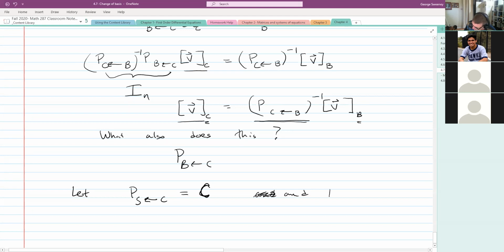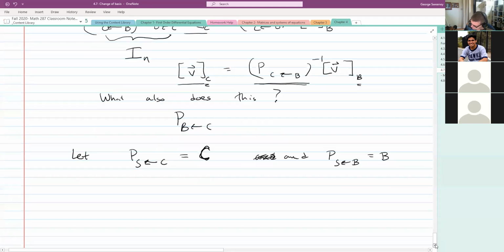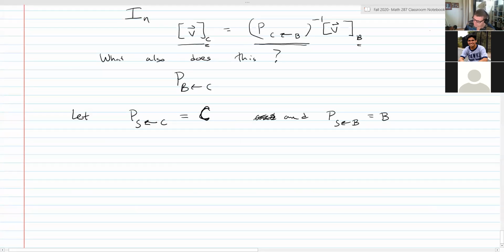We'll let P, B into S equal B. The reason I do this is because I don't want to write these things down over and over again. So C times VC will equal B times VB.